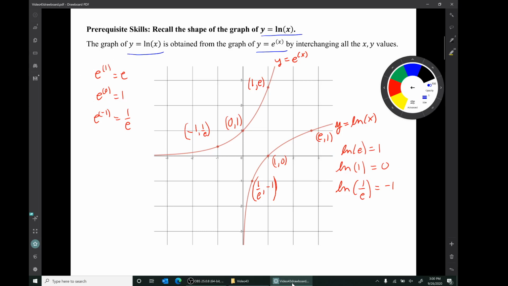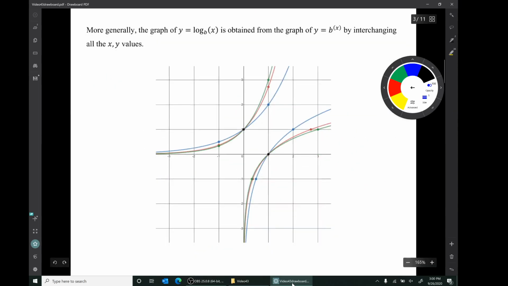Now let's think about the shapes of other logarithm graphs. We have the general log base b function obtained from the graph of y equals b to the x by interchanging the x, y values in the same way that we just did on that graph of y equals e to the x and y equals ln of x. Let's label these 3 exponential functions.